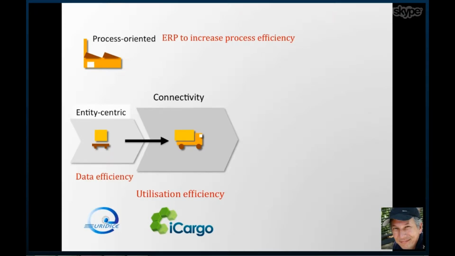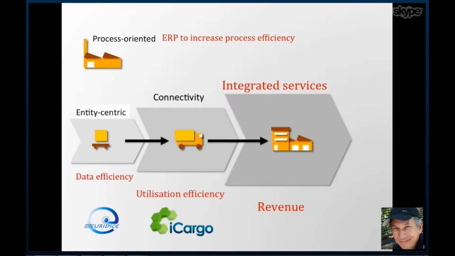Now, and this is one of the goals of the iCargo project, we are trying to increase the utilization efficiency. By being able to share more information in a more efficient way, we are able to make more efficient use of our resources, so we can reduce the amount of empty space, for example.